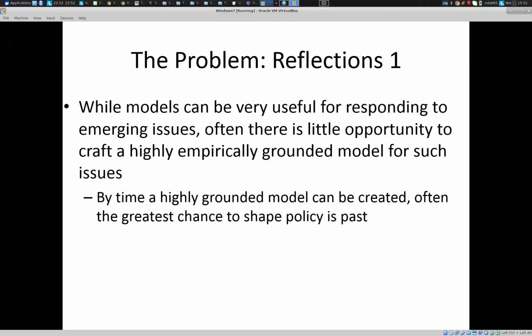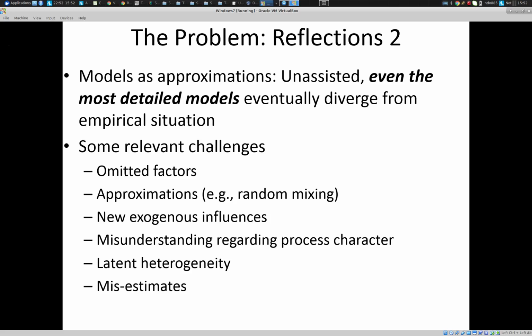We have evidence here and there, but there's substantial portions that we'd like to use to inform our model where evidence may be lacking, it may be dated, it may be compromised by quality issues, etc. And there are times when especially when we think about emerging issues, the SARS, the MERS, the H1N1, et cetera, of the world, that by the time a highly grounded model can be created based on very careful studies, observations, often the greatest chance to shape policy is past. The greatest urgency of the moment has now passed us by.